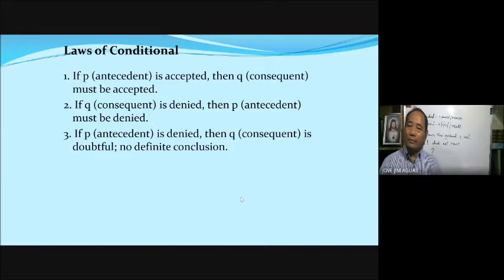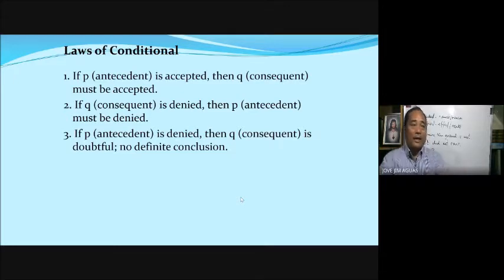Well, he can be a Christian or not a Christian. Because being a Catholic is just one of the reasons for one to be a Christian. He may not be a Catholic, he can be a Protestant, but still a Christian. So you are not sure of the conclusion in that case. Okay? Clear? I hope you understand that.